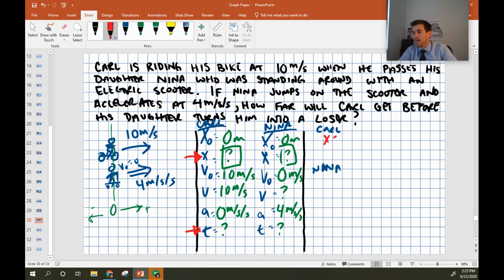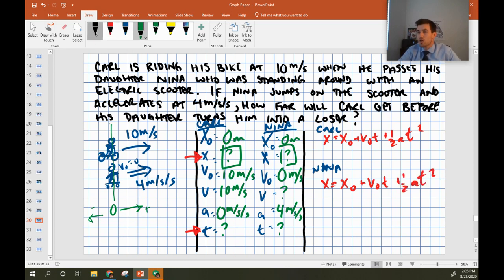Carl is x equals x naught plus v naught t plus 1/2 a t squared. Nina is x equals x naught plus v naught t plus 1/2 a t squared. But as we go through here, we have to use correct Carl variables and Nina variables. So for Carl, we don't know what x is. We know x naught is 0, so we can get rid of that variable.